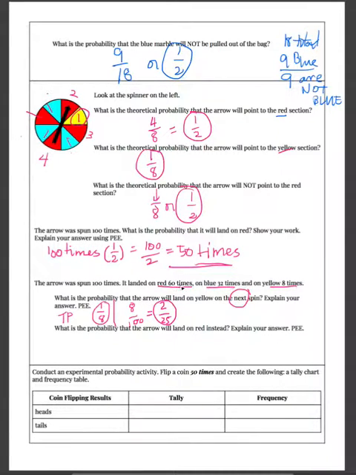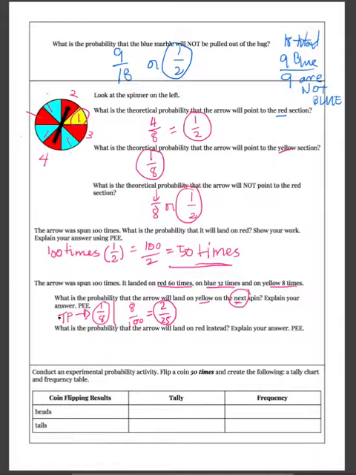So if we are basing it on the experimental probability, then there will be a 2 out of 25 chance that it will land on yellow on the next spin. But personally, I would say 1/8 because it says the next spin. So I am assuming you have not yet spun the arrow, and therefore it's still a theory.